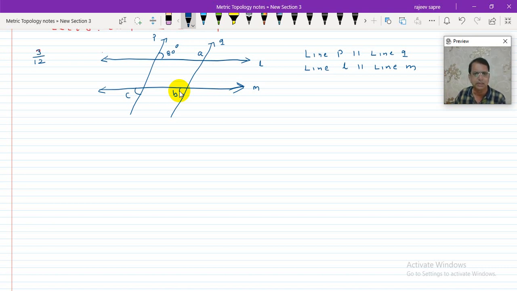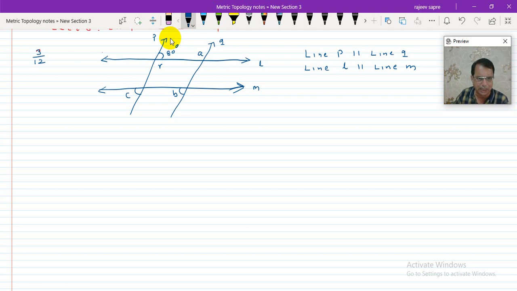Now if you observe this figure, suppose I call this angle R. Then what is the relation between the 80 degrees angle and this R?